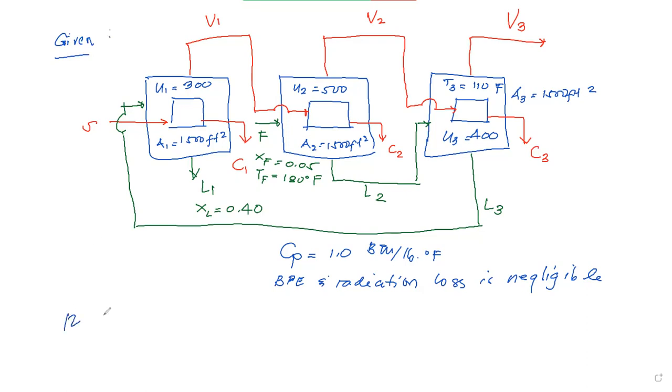The required is the actual amount of the feed. It's not given here. And the evaporator or steam economy, which is water evaporated per kilogram steam used. Okay? So you might as well take a screenshot of this now so you can go back later while we are doing the solution to this problem.